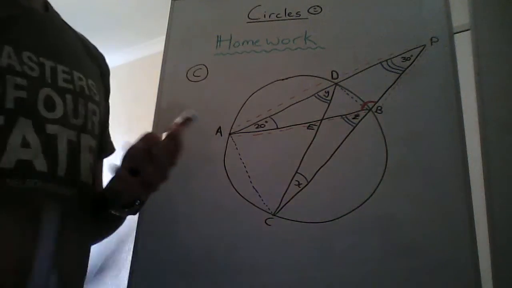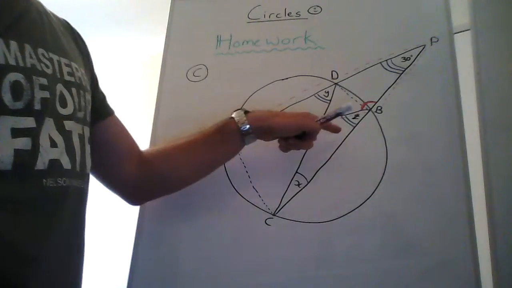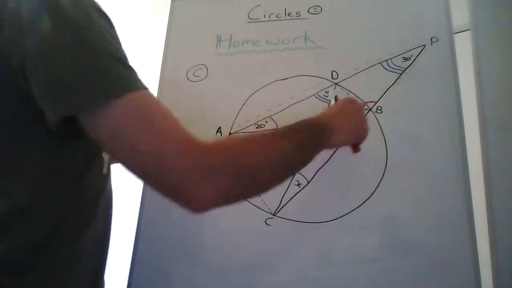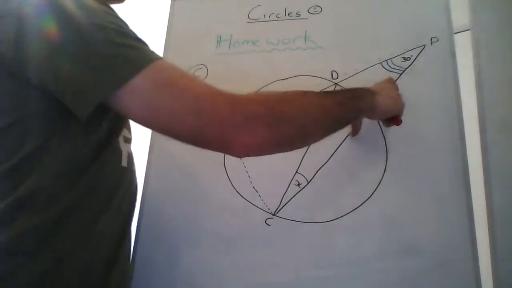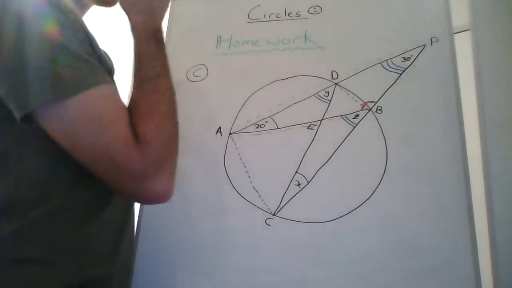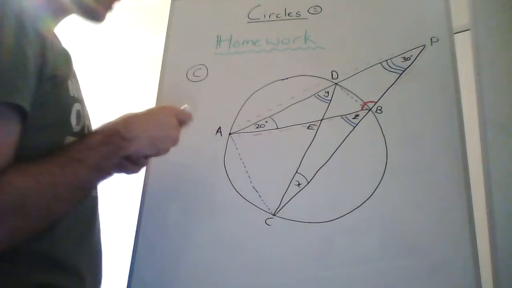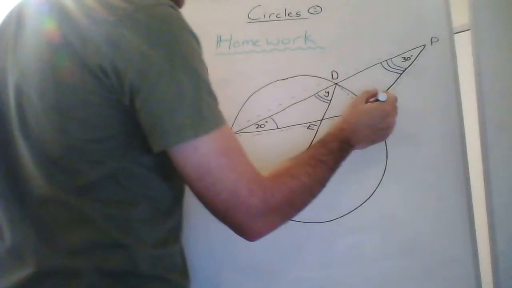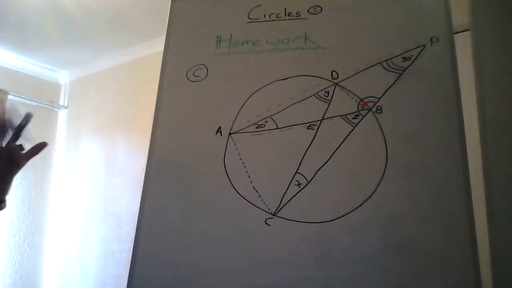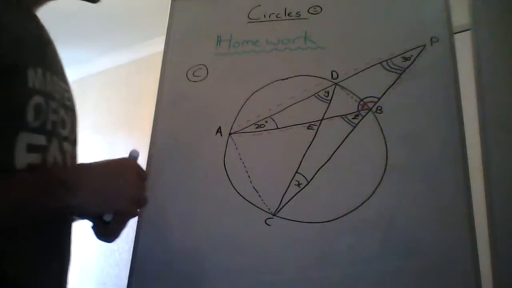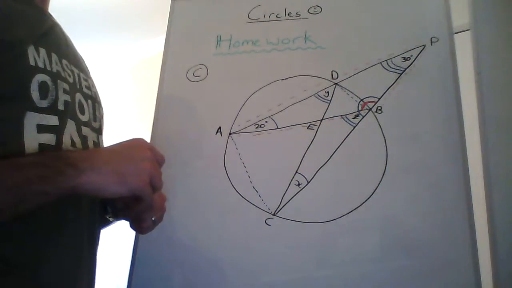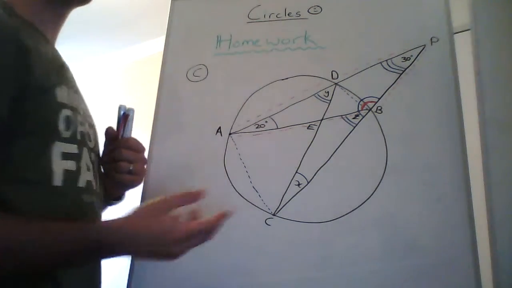And that we're going to find is going to be useful, because we know that CP is a straight line, and we know that the angles on a straight line add up to 180 degrees. And so we're going to be able to quite easily work out what this angle is. Okay, but I've drawn a lot on here.